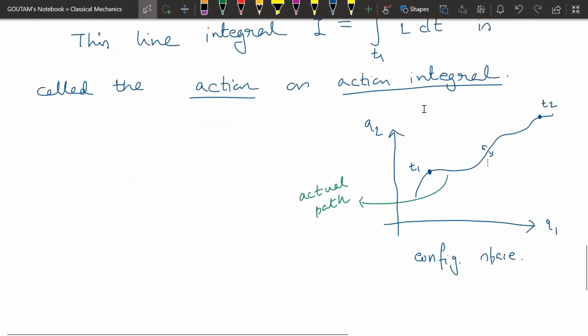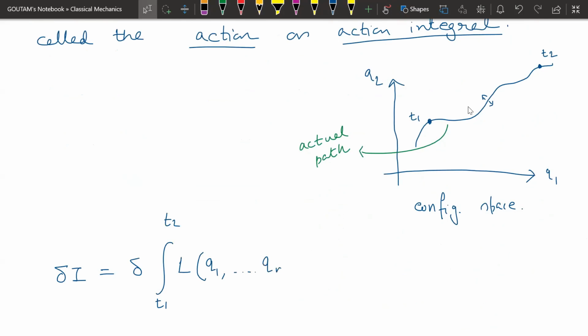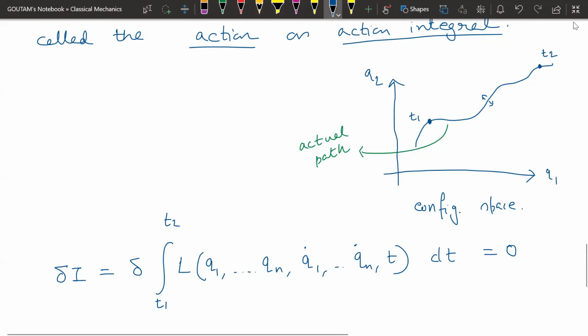So this means that delta of I, which is delta of the integral from t1 to t2 of the Lagrangian dt, where the Lagrangian can be a function of generalized coordinates, generalized velocities, and time, equals 0. This action integral is not changing its value if we infinitesimally shift the path of motion.